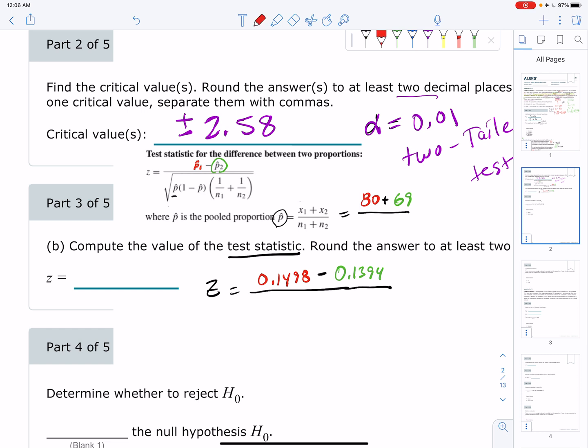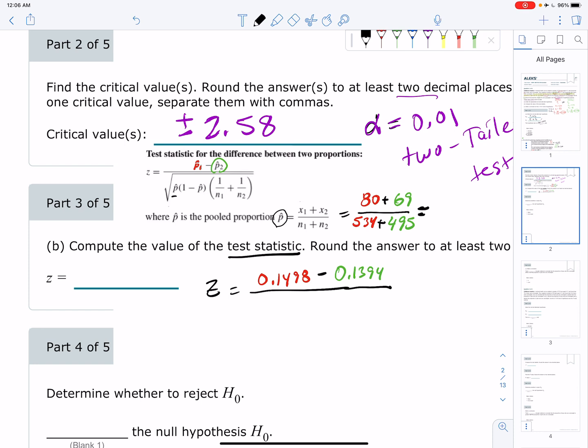So n sub 1 is the sample size from the first sample. That's just 534. And the sample from the girls was 495. Now this is not typically how you add fractions because you're adding the numerators and adding the denominators. You don't have to get common denominators because you're adding, and then dividing, right? So be careful how you put this in your calculator.